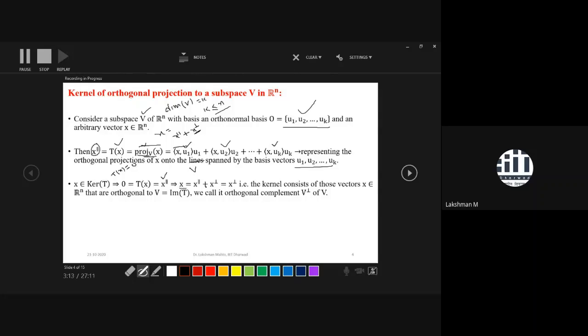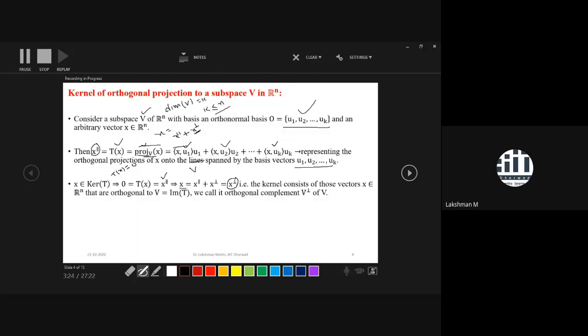So it will imply that x is equal to x perpendicular. What does it mean?